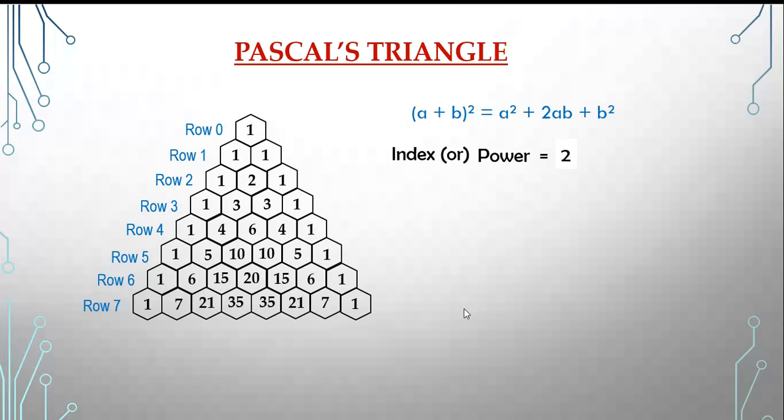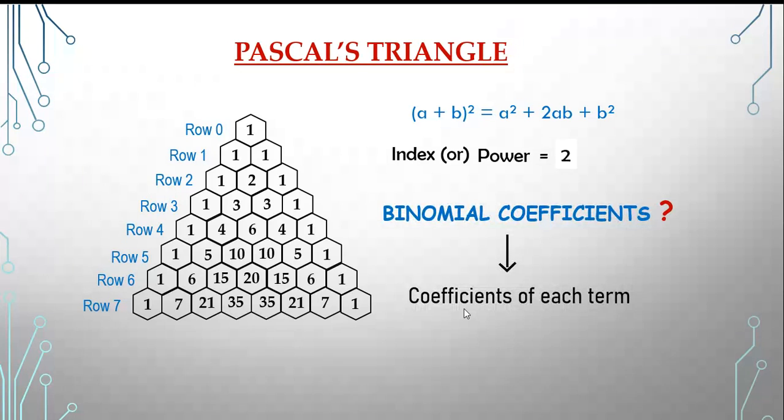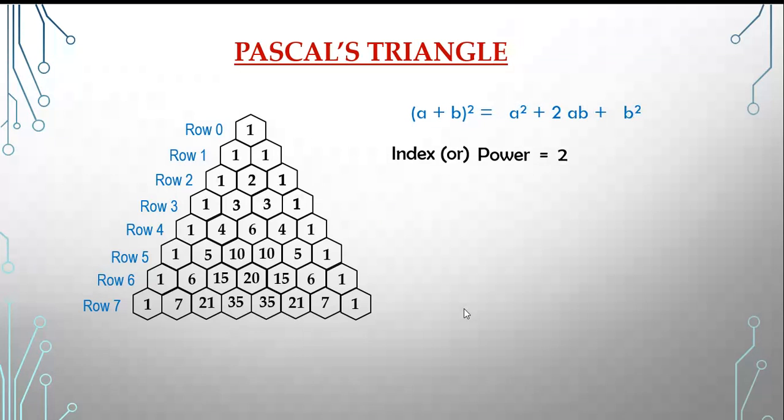Now, before we proceed further, we need to know what binomial coefficients are. Binomial coefficients are the coefficients of each term in the expansion of the binomial. Can you tell me what the binomial coefficients are here?